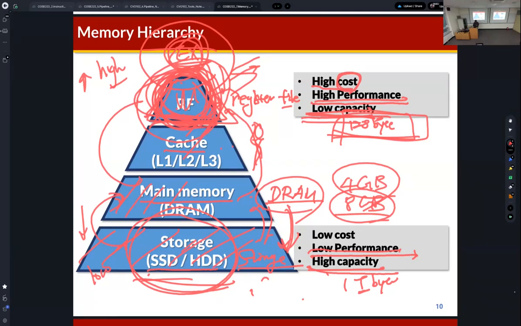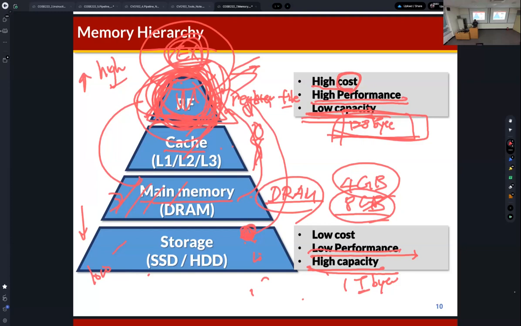But among this large amount of data, in a short time, you need to use only part of the data like this. Then this small amount of data is transferred to the high-level memory.